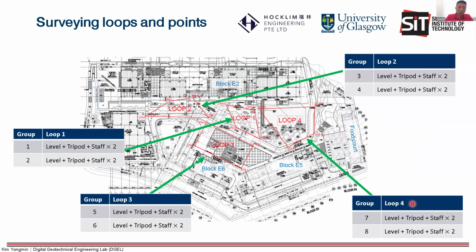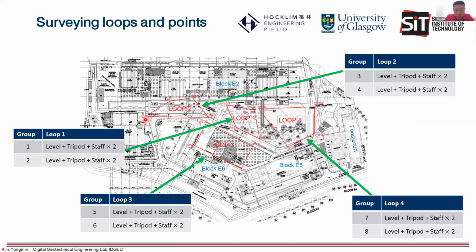Okay, so this is our surveying loops and points. As I mentioned, we have 4 loops. Loop 1 is in between our block E2, E and E6. Loop 2 is also from E2 to part of E6.